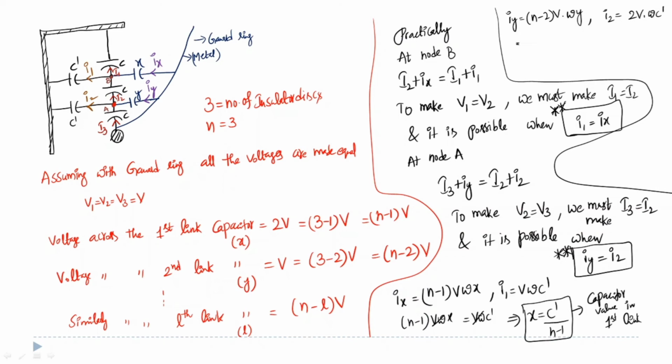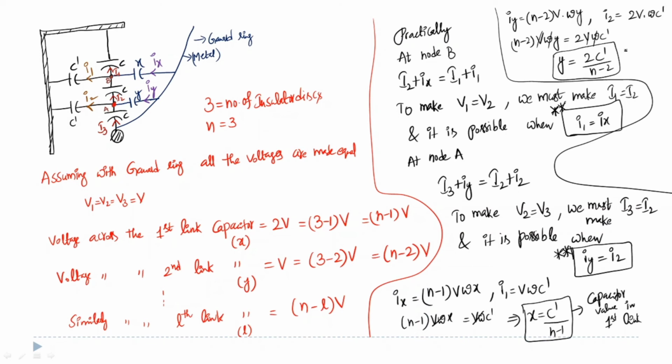Now by equating these two, you will get n minus 2 into V multiplied with omega Y is equal to 2 times V multiplied with omega C dash. V omega gets cancelled. Now Y is equal to 2 times C dash by n minus 2.